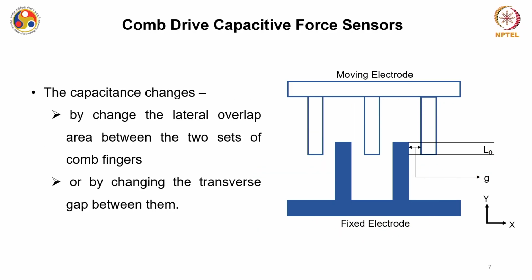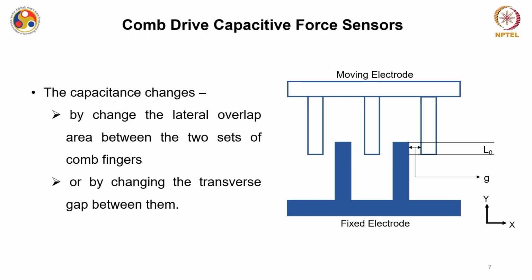These capacitances can change by changing the lateral overlap area between the two sets of the comb fingers, or by changing the transverse gap between the two fingers. I am not considering any rotation right now. So there can be two ways by which I can change the capacitance of this system.